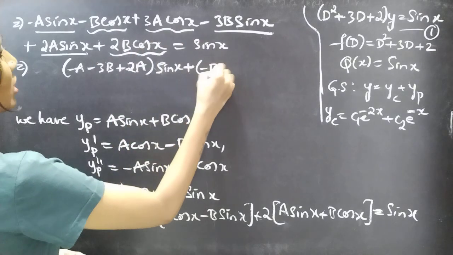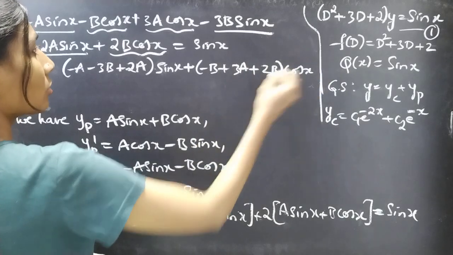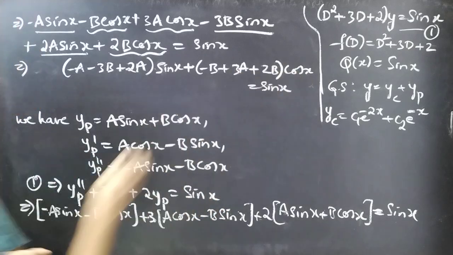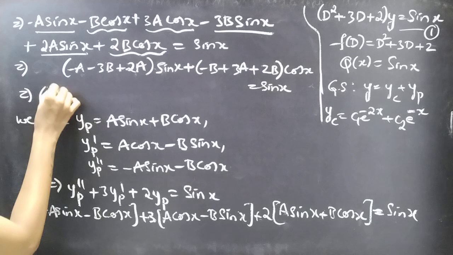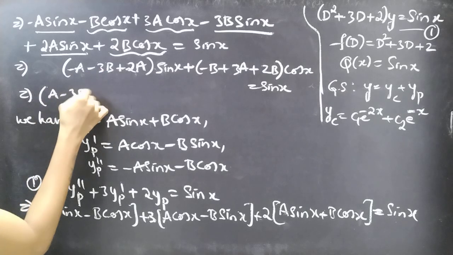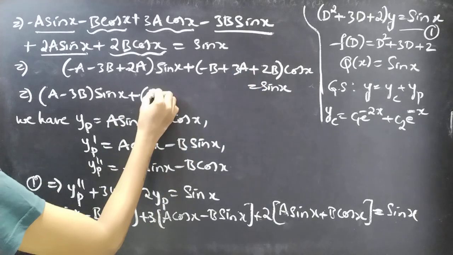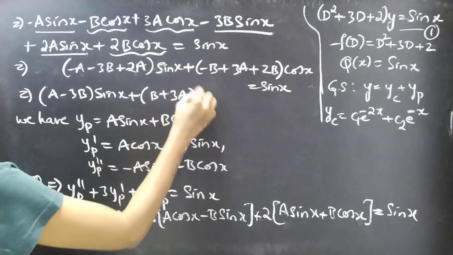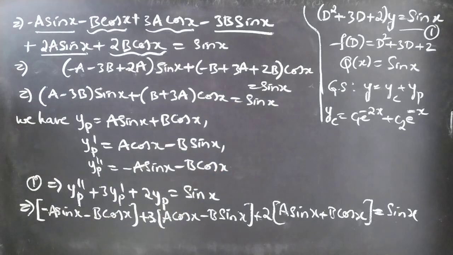You'll get minus b plus 3a plus 2b into cos x equal to sin x, right? Which gives minus a plus 2a gives a minus 3b into sin x plus minus b plus 2b gives b plus 3a into cos x equal to sin x, right? Now we'll equate the coefficients of like terms to find the values of a and b.